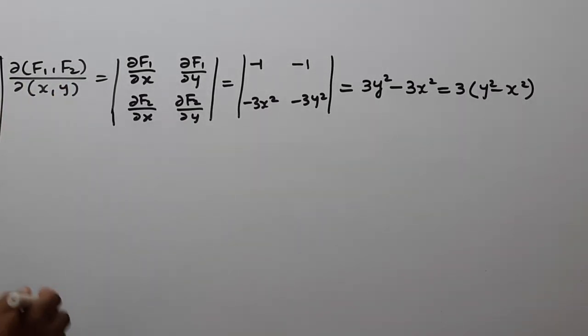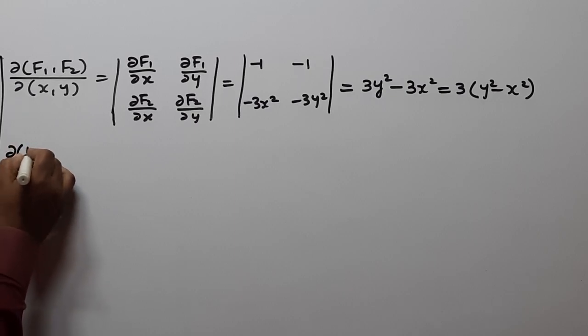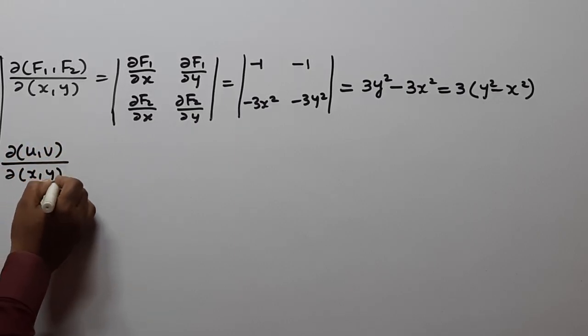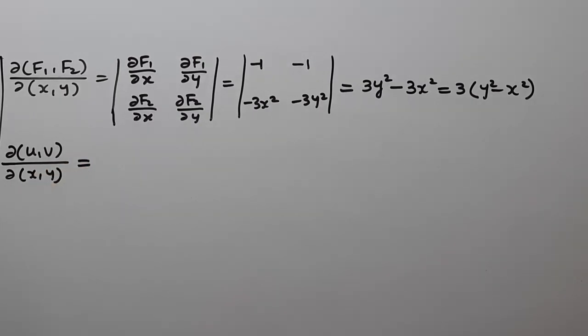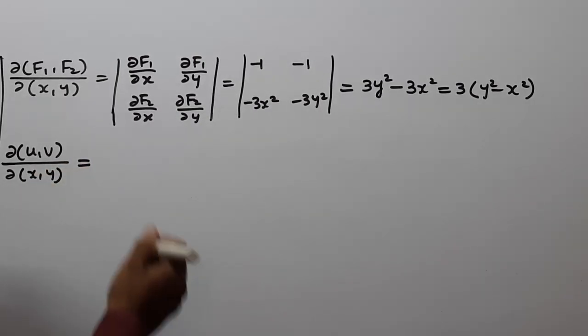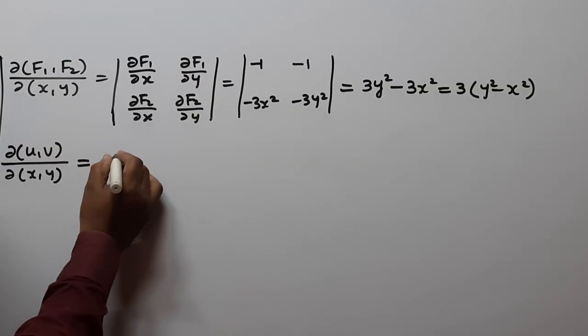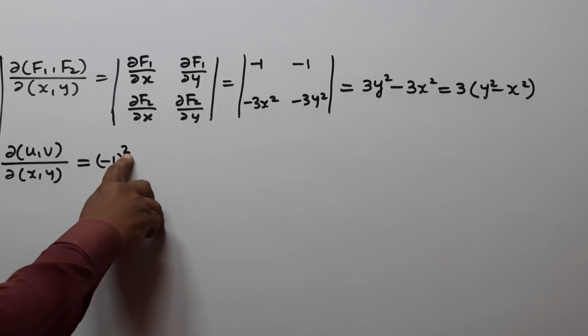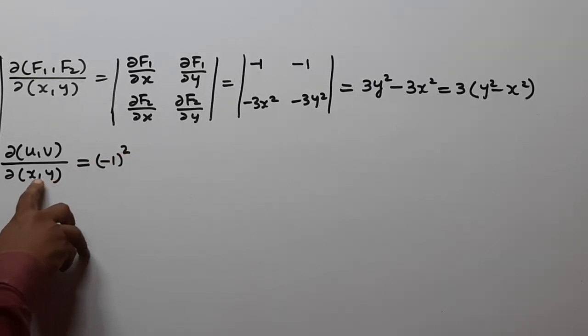Now we have to find the Jacobian of u, v function with respect to x, y. So here we use a formula. We write minus 1 to the power 2, because this 2 is the number of independent variables; there are 2 independent variables x and y.